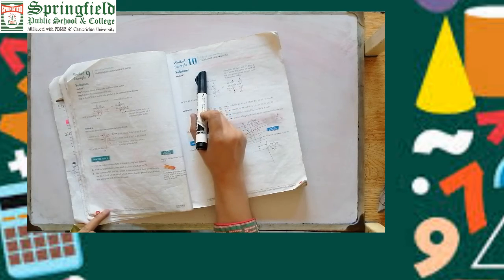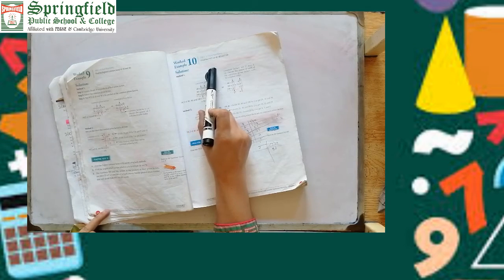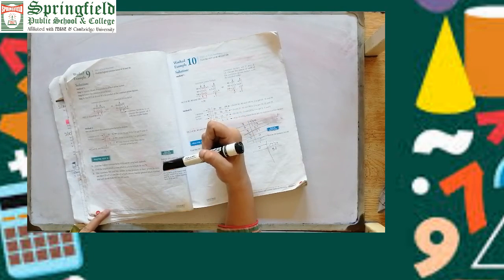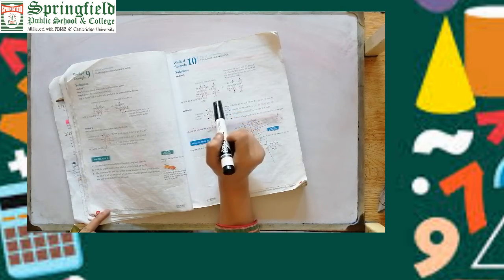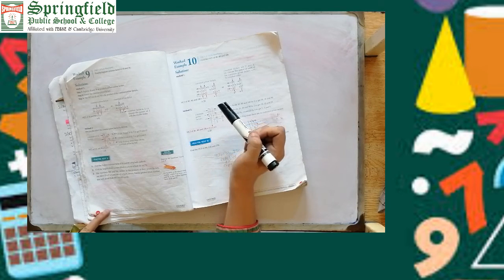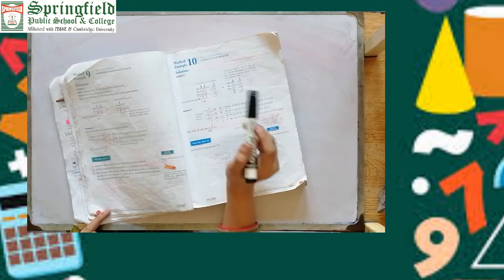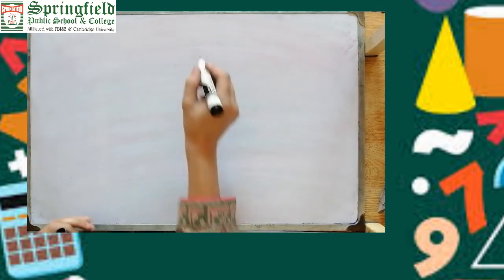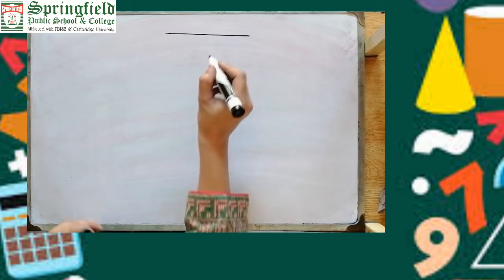In example 10, they are asking about the HCF of 3 numbers. We already did the HCF of 2 numbers, but now how can we find the HCF of 3 numbers? The method is the same. HCF of 40, 60 and 70. Page number 16.